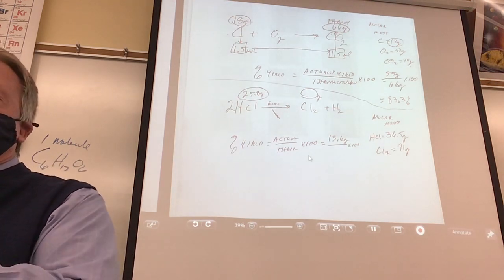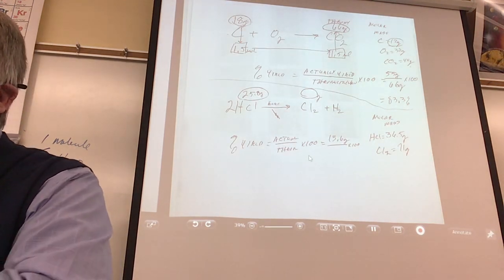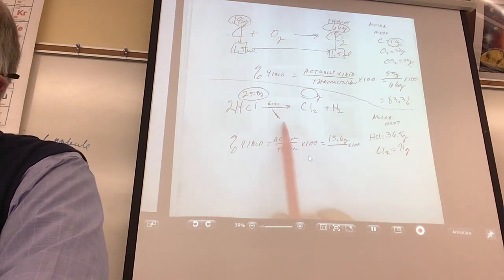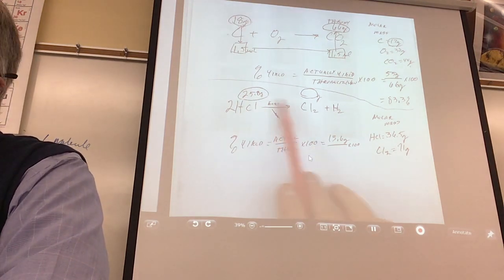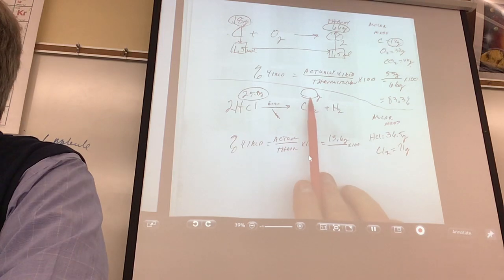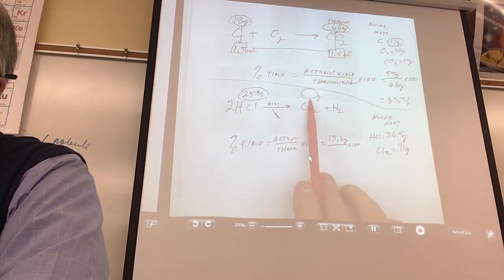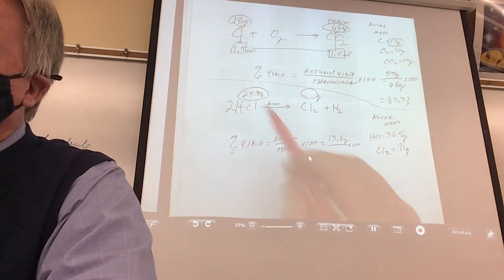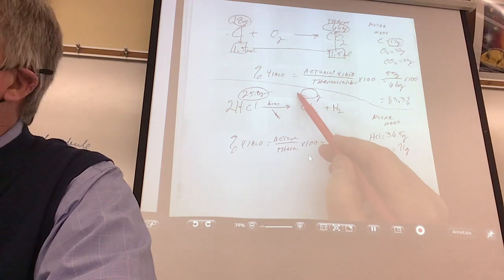All right. Everybody ready? Let's take a look. Here's the balanced equation. The way I've tried to get you to organize it, I'm going to put grams up here. I better find the theoretical yield for Cl2. How do we do that? Remember, I can't go from here to here because there's a tree in the way.